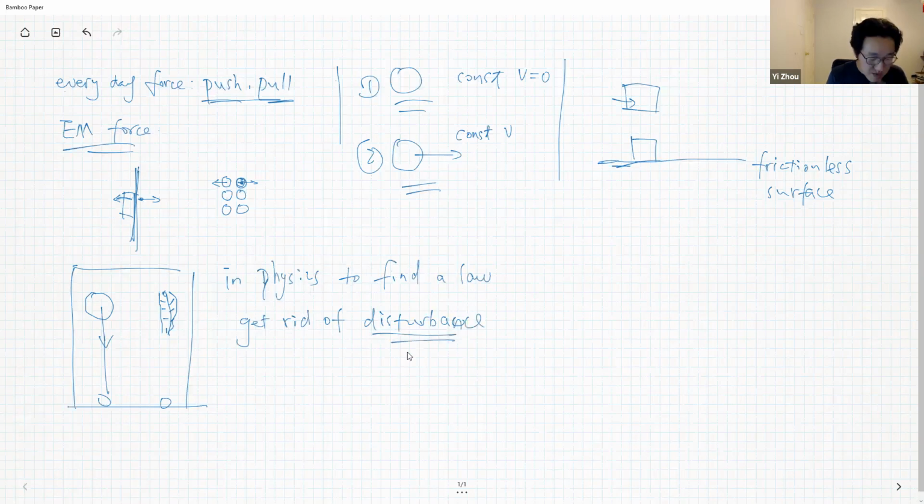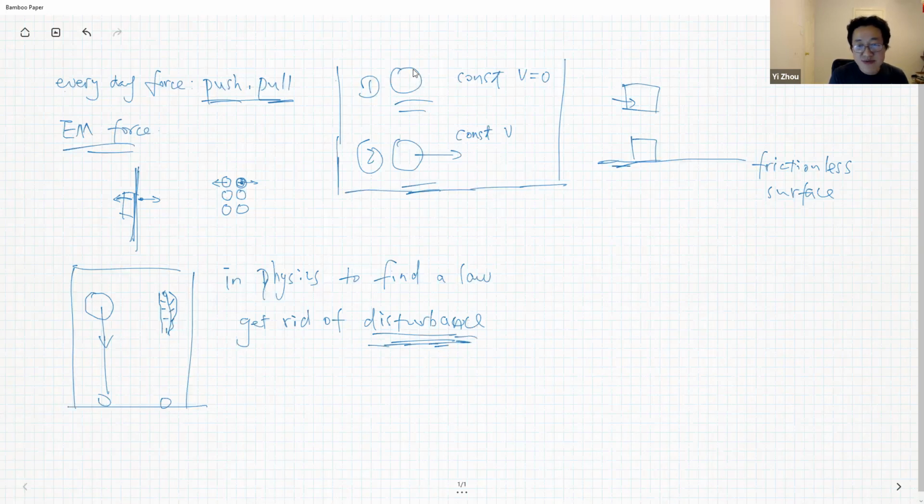We have to find out what is really controlling the object. We need to get rid of the friction here, and we need to get rid of the air friction. So when we get rid of all these things, we can think about this object in space with no forces on it.